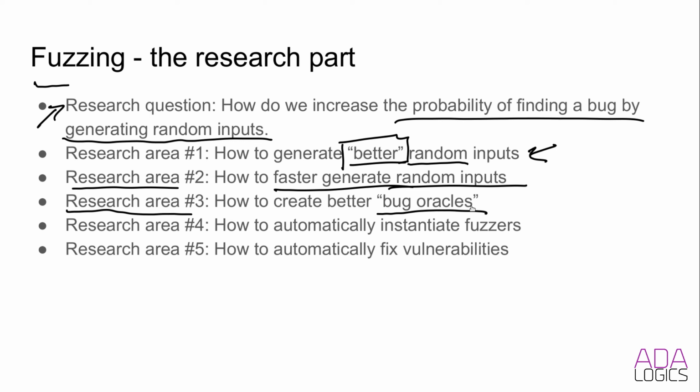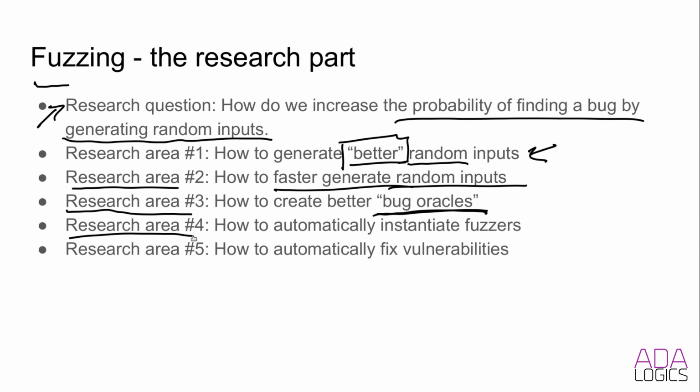Memory corruption errors are bugs that happen in applications written in languages like C and C++, and they're kind of generic for each application. But logic bugs are bugs that are specific to a given application, and these you can't really generalize in the same manner as you can with memory corruption bugs. So that's another interesting research field in terms of how do we specify bugs better and catch them with our fuzzers.